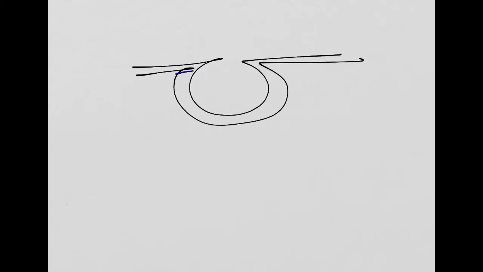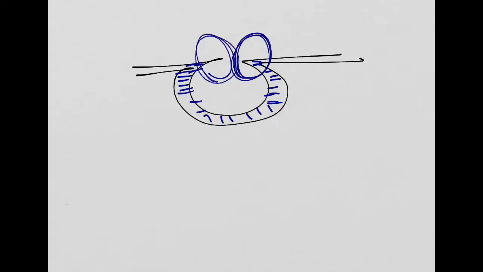This is your IS element, and this is your transposase enzyme that will form dimers, and then they cut this portion of the transposable element, and that will be released from the donor side.